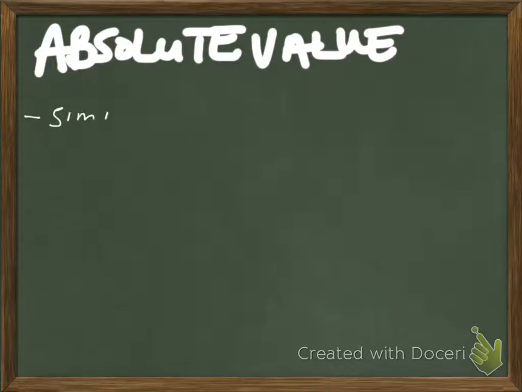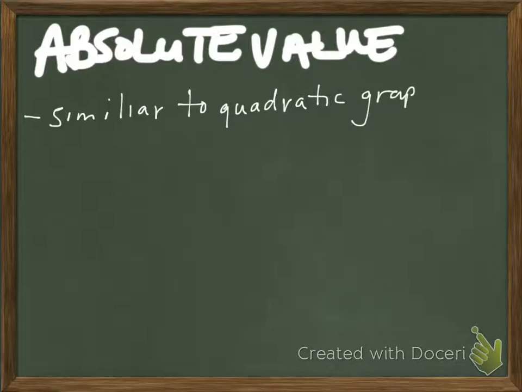Now again, when I say similar, it's not exactly the same. I'm not talking about the equation itself. So similar to quadratic graphs, instead of a U-shaped graph, they are V-shaped graphs.